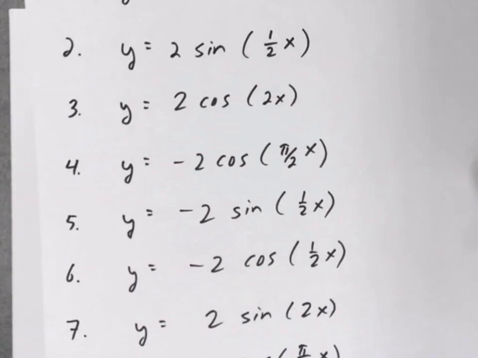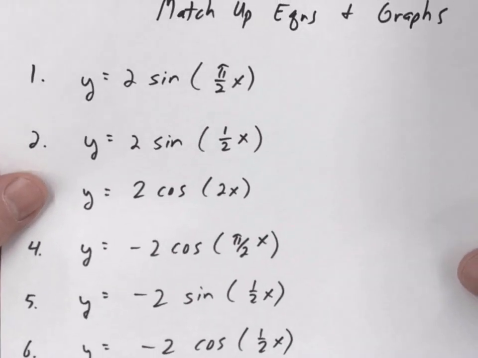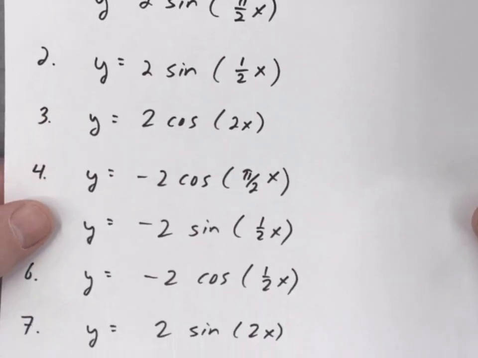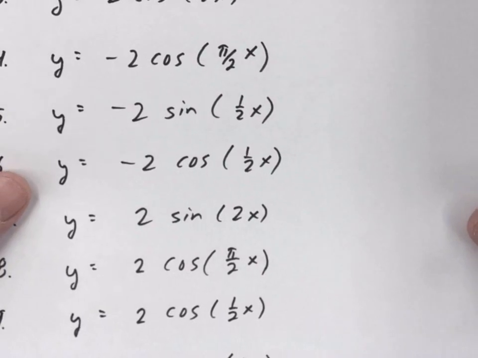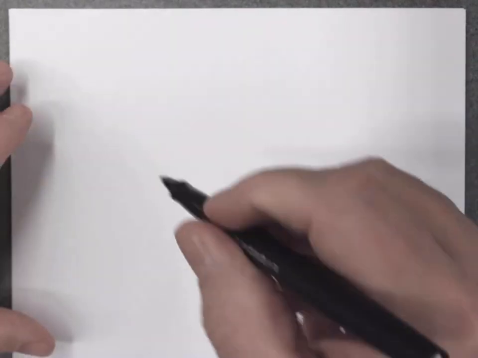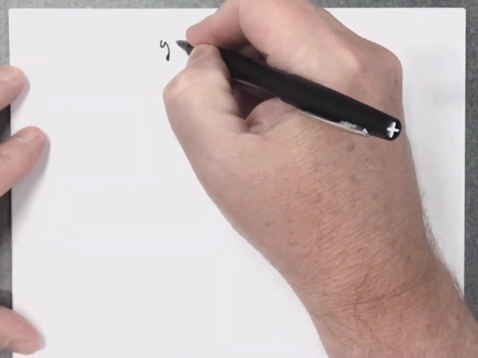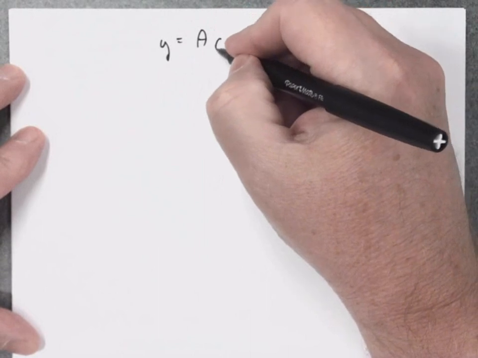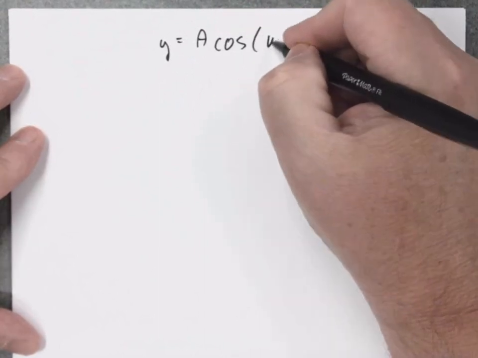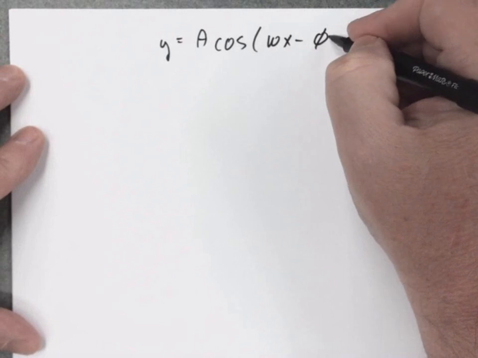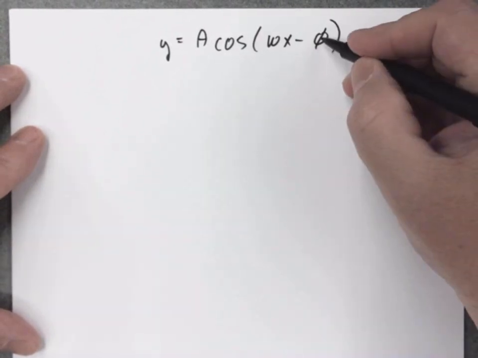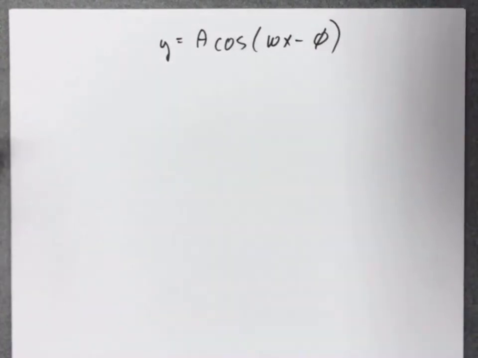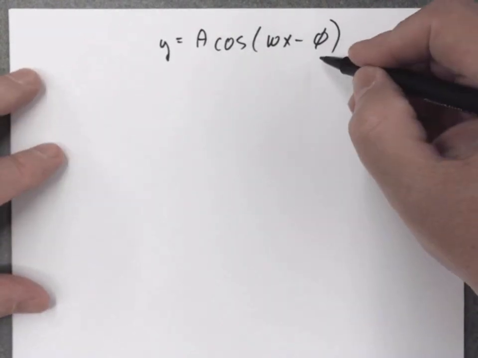The one key that makes it not very difficult, I want you to notice that none of these graphs have a phase shift. Remember, when you have a phase shift, the standard equation has this phi here, which represents the phase shift.